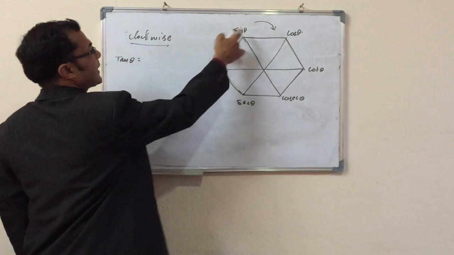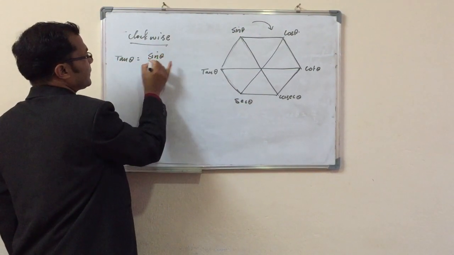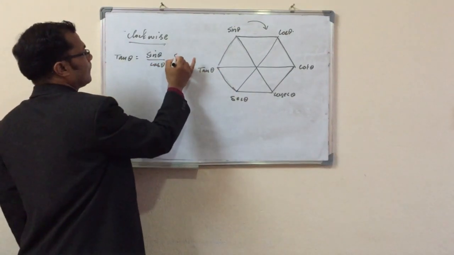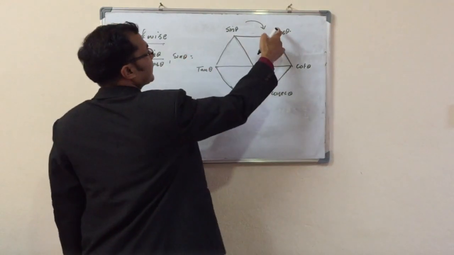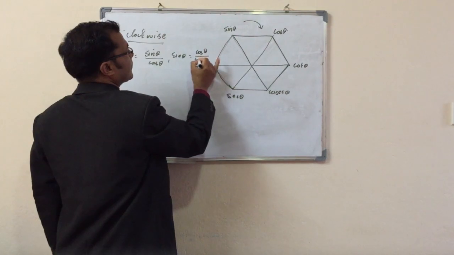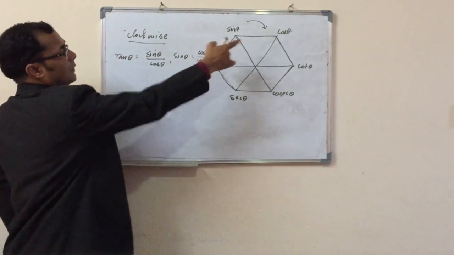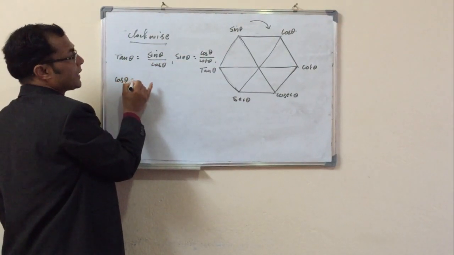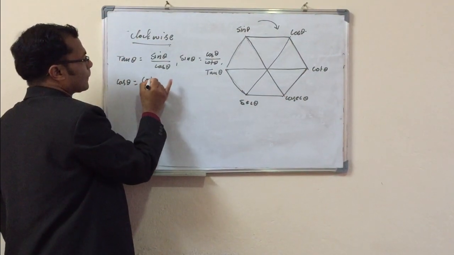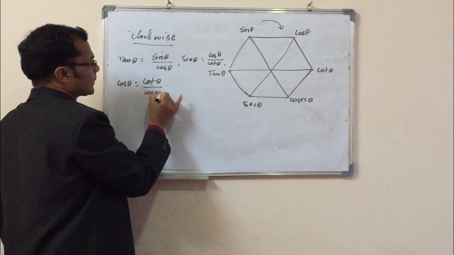Tan theta equals sin theta by cos theta. Sin theta means the first one divided by the second one: cos theta by cot theta? Again, cos theta equals, see, it's opposite, so cot by cosec: cot theta by cosec theta.